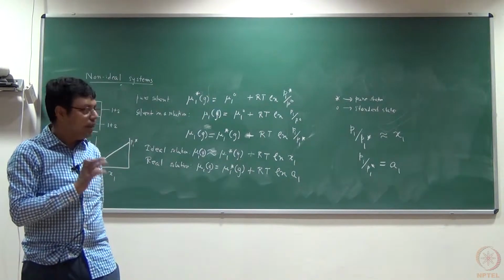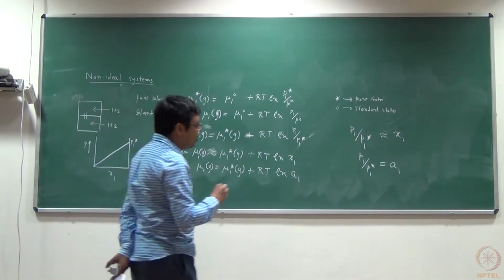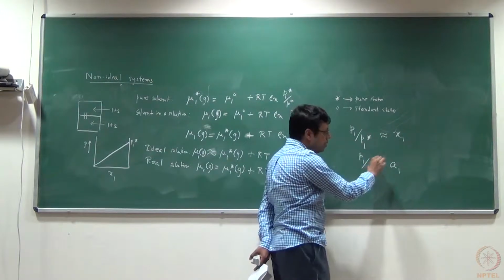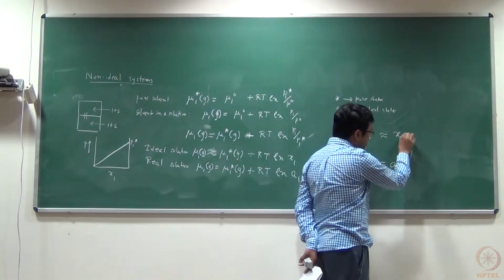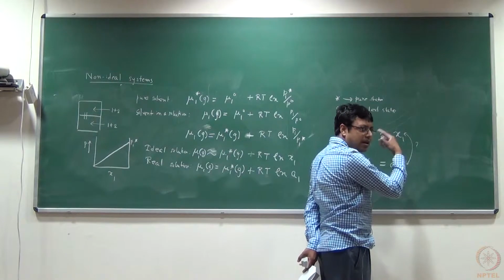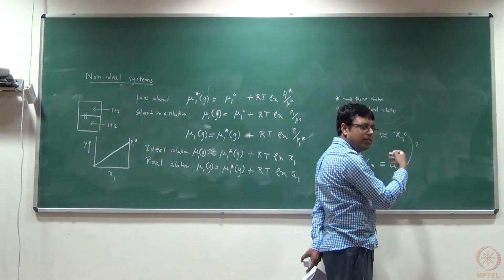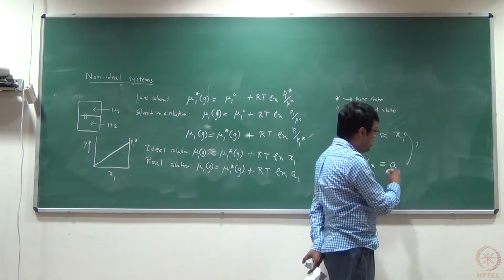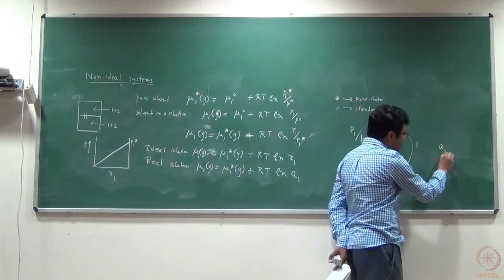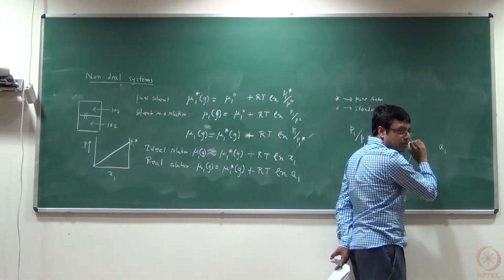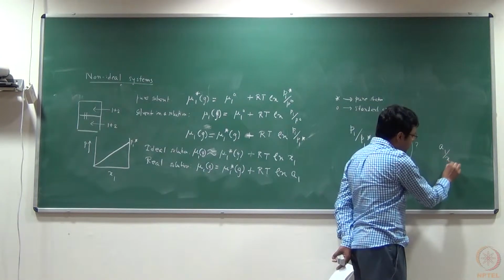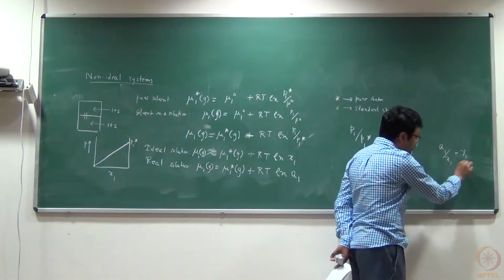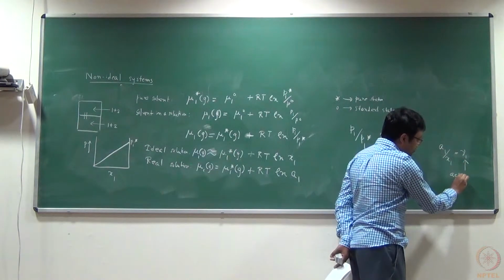But then the question is, fine, this is an approximation and this is a reality. Is there any connection between them? Just like for fugacity, where we said the fugacity is proportional to the pressure, I can also say the activity is proportional to the mole fraction. Or the ratio of activity and mole fraction, I can call some coefficient, which I'll call the activity coefficient.